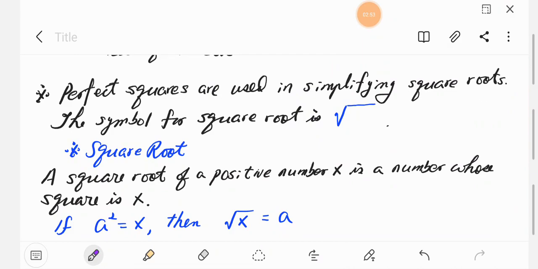The symbol for the square root is this one. Can you see this? You draw it like this and then like this. So this is the square root symbol. Let's say the square root of 9.